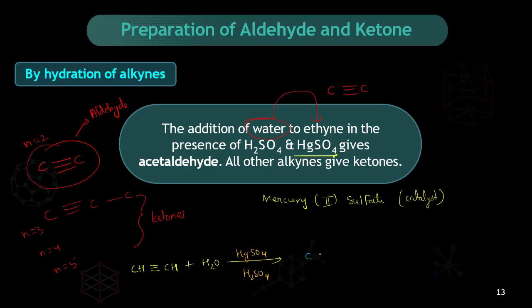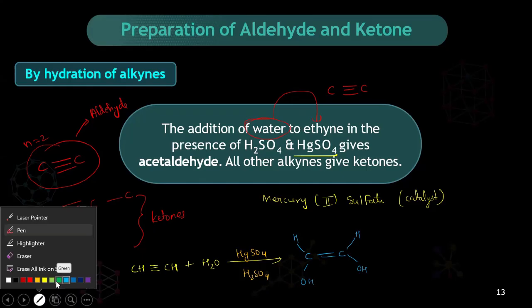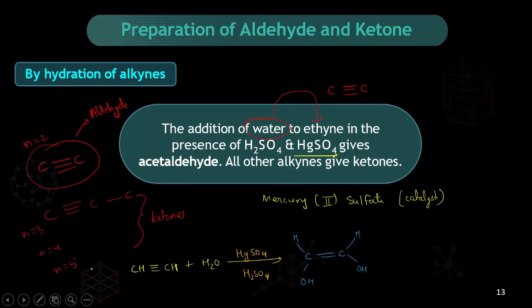Okay, just remember, it will form an intermediate molecule. Can you name this molecule? You can call it ethene-1,2-diol because there are 2 alcohols.